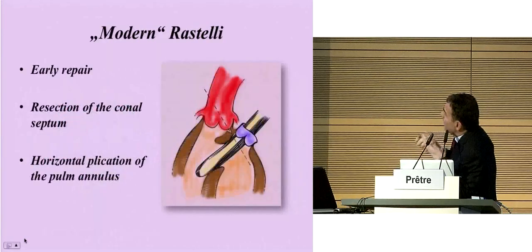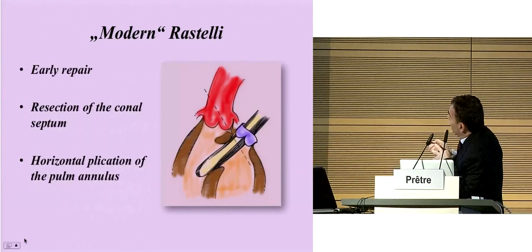Now, if we do what I call a modern Rastelli, that is early repair, usually after 3 months, even before if you need a BT shunt, the septum is very much elastic, it's not hypertrophic. Second, you have to resect this conal septum here to have a very straight line. If you have some kind of valve here, it's stenotic, but the less stenotic it is, the more problems you will have, because the aorta is far away from the mitral valve.